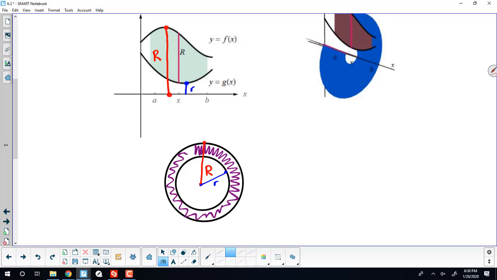Maybe I'll just erase the fact that we're calling the region capital R as well. We're now calling the larger radius capital R. So this area is equal to the area of the outer circle minus the area of the inner circle.